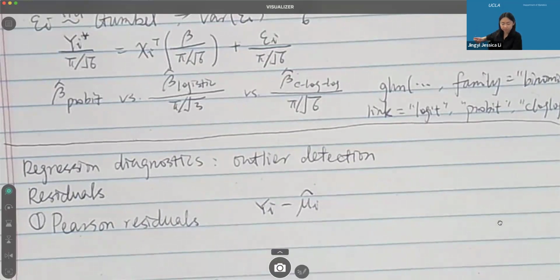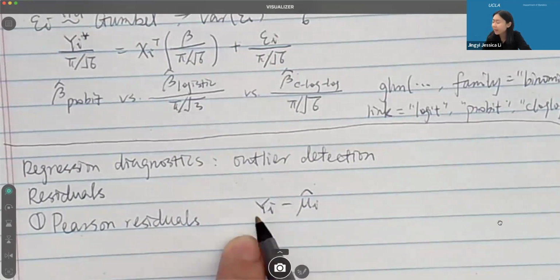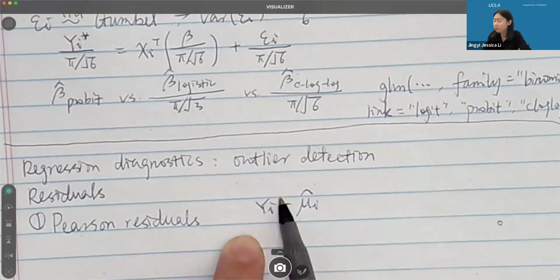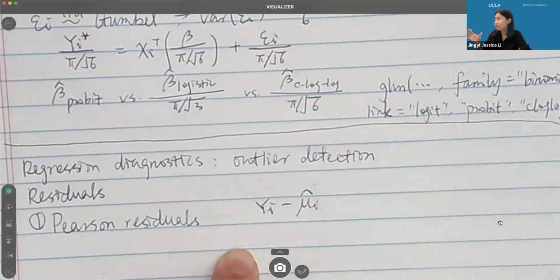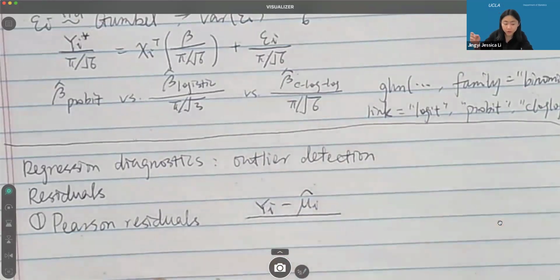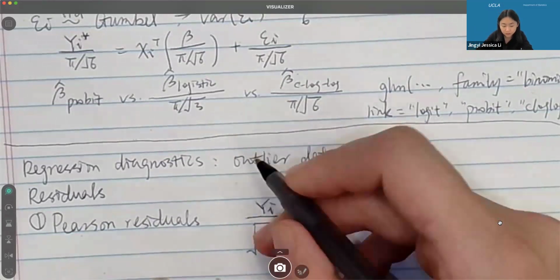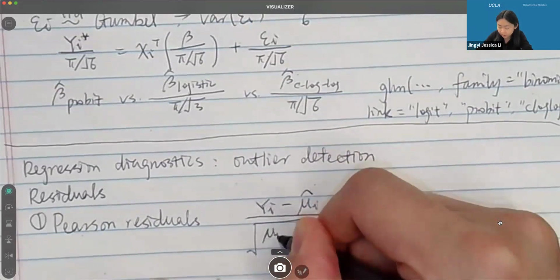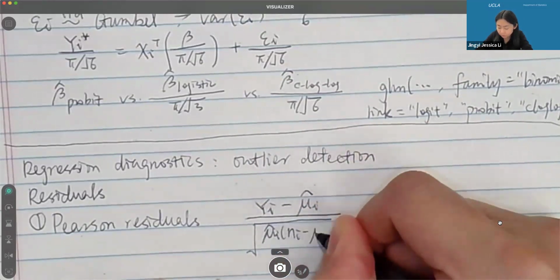But if you have, say, Bernoulli yi or binomial yi, the difference will have a very big difference in variance. It's not just that hat matrix adjustment. That's why for the Poisson residual, we divide by the square root of mu I hat times ni minus mu I hat, divided by ni.